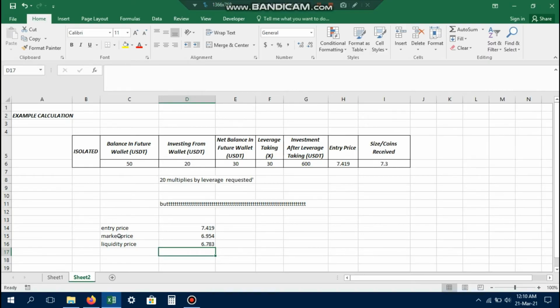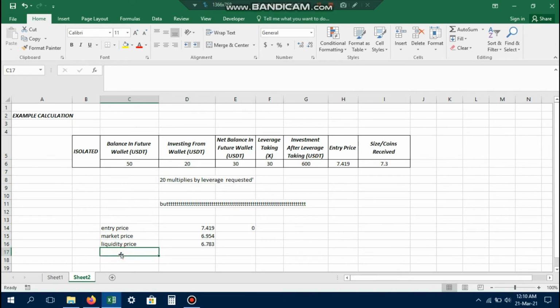So what does it mean? It means that as this market price comes to this or lower than this, then my whole investment will be zero. Means the $20 which I invested, this $20 will become zero.